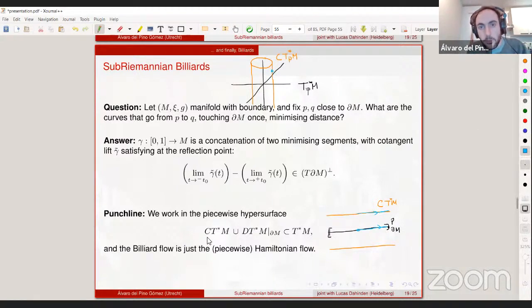This is the outward momentum. And now what do you do to determine the next, inward momentum? You say, okay, here is the annihilator of the boundary. This defines a line. And now, given the outward momentum, the inward momentum is the other point.